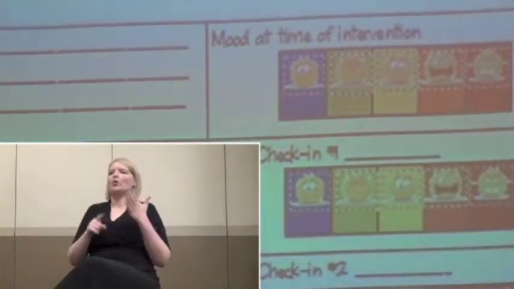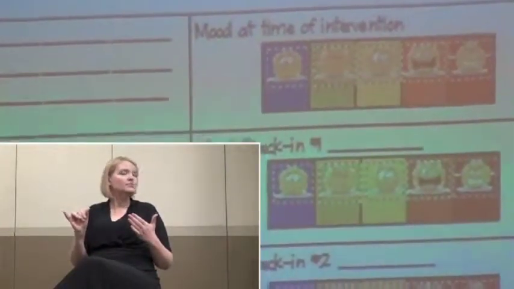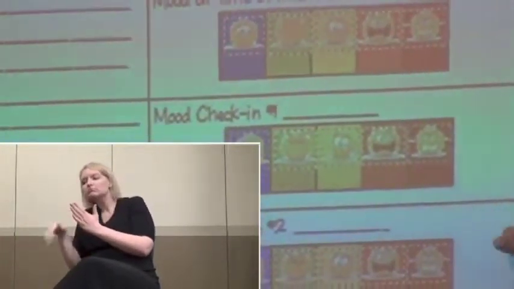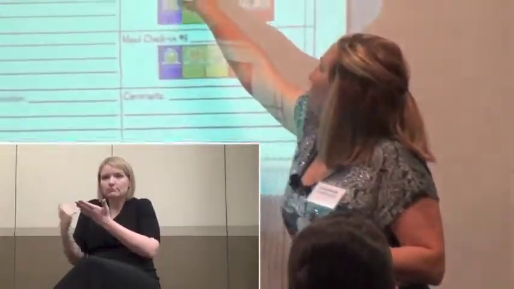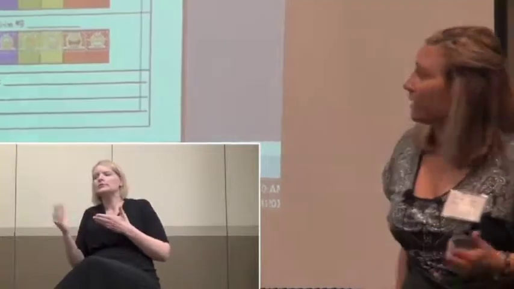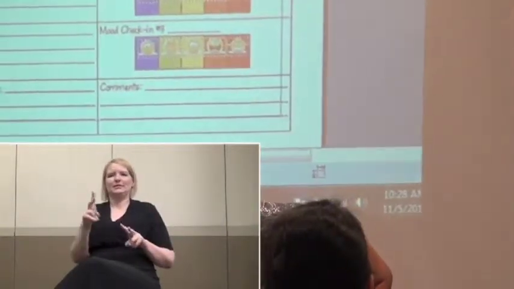While she was sitting at this table doing whatever she wanted to do, I would check in with her a couple of times and see if her mood would increase, and I could know maybe we could talk a little bit more because now you're at a green, so you're a little bit sad, but maybe we can talk about it. And so I could check in with her at different times. And then I could also monitor whether there were certain times of the month or certain times during the day when these incidents were occurring. So that's what I used to document that.